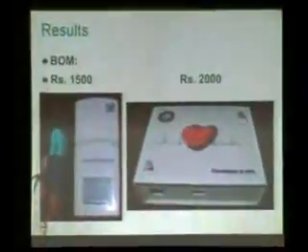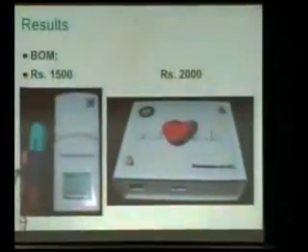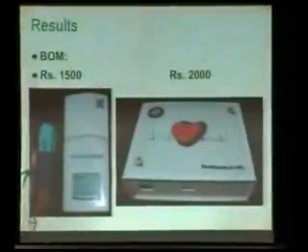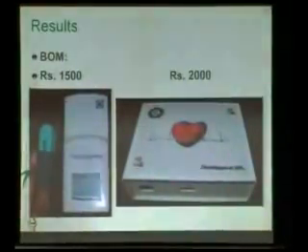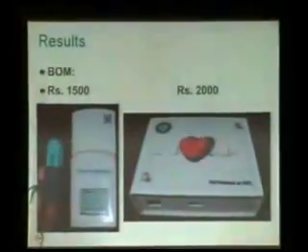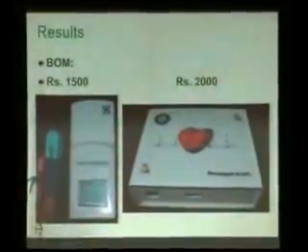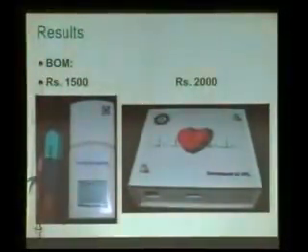So, the results were that you've already seen a pulse oximeter built, but believe me that once you get something working on the bench, to convert it to a product which is sellable in the market, that's 80 or 90% of the time that goes after that.